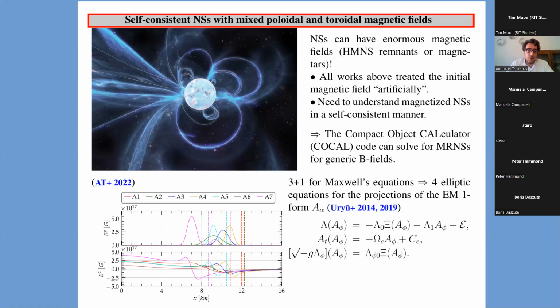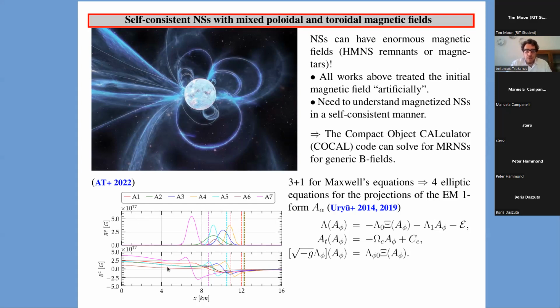So here, for example, on the plot on the bottom, I have some models that we have computed where the toroidal magnetic field is as strong as the poloidal magnetic field. The toroidal magnetic field is given by the upper panel. It's the By component, and it's of the order of 10 to the 17.